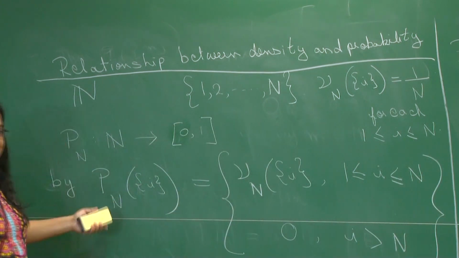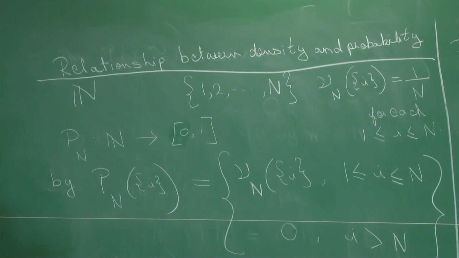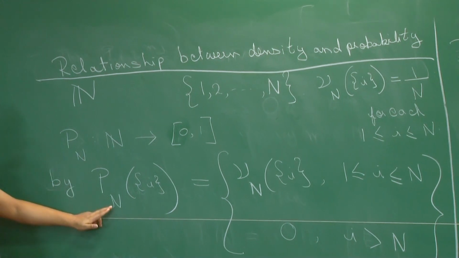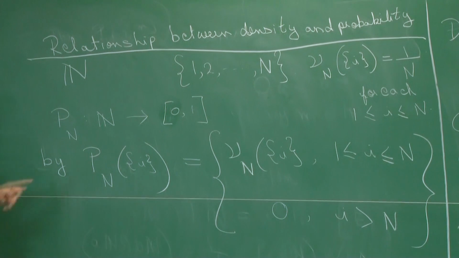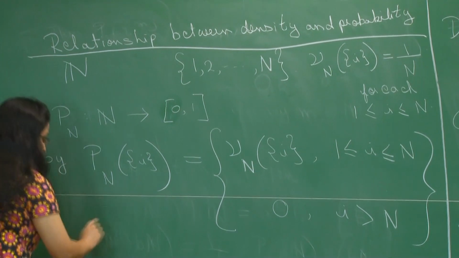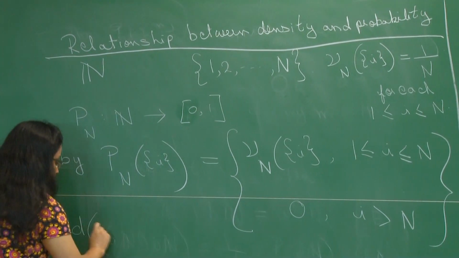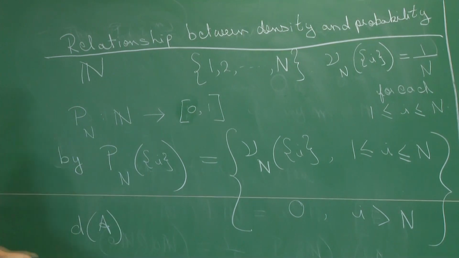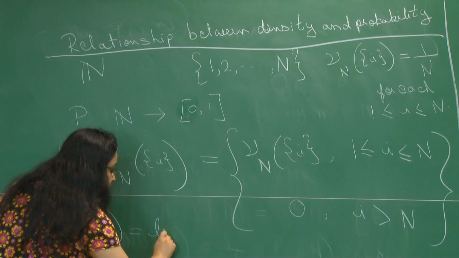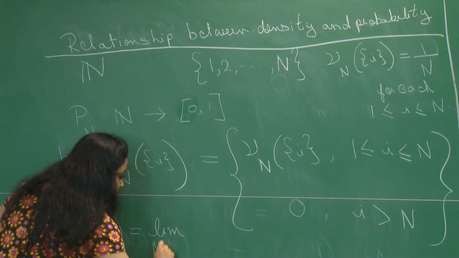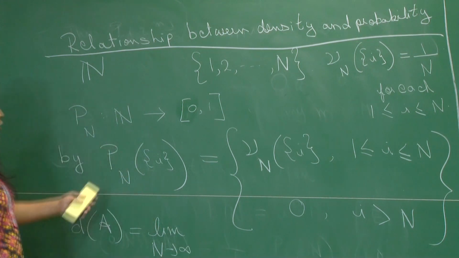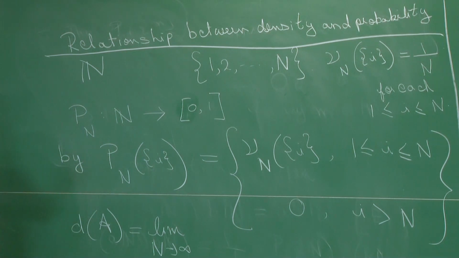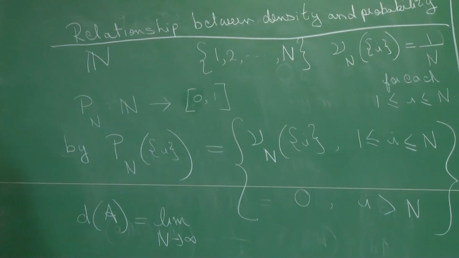You can verify that this is indeed a probability law on the set of natural numbers, and what you also observe is that the density of A simply turns out to be equal to the limit as n goes to infinity of these probabilities, which are induced from probabilities on smaller sets.